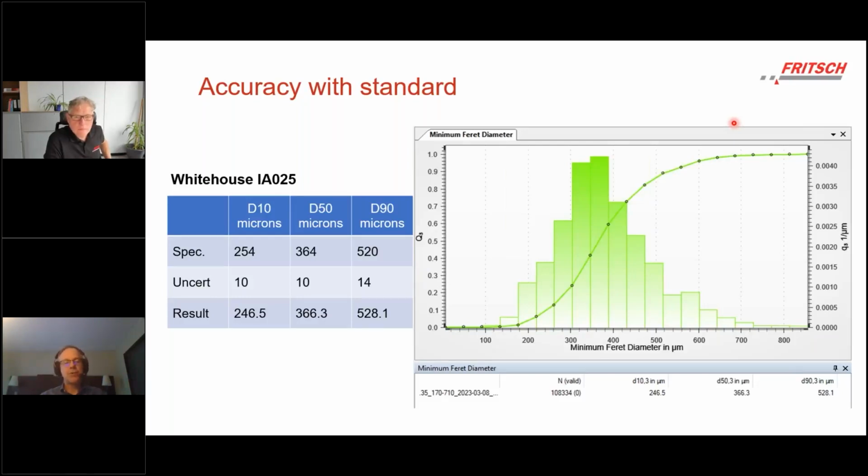I only measure 1 particle out of the distribution. So the speed of the analysis, which lets me get to 100,000 particles, is what can get me to these accuracy values. If you don't need this tightness, you can measure fewer particles for a faster measurement.